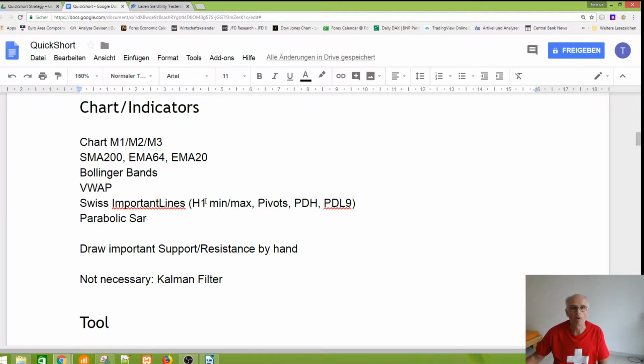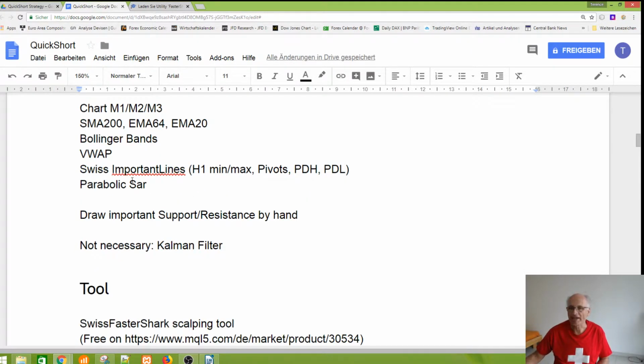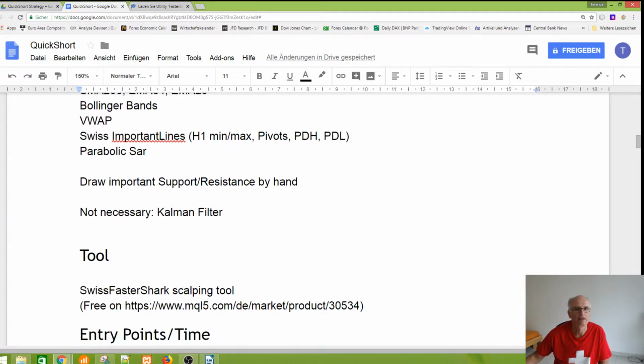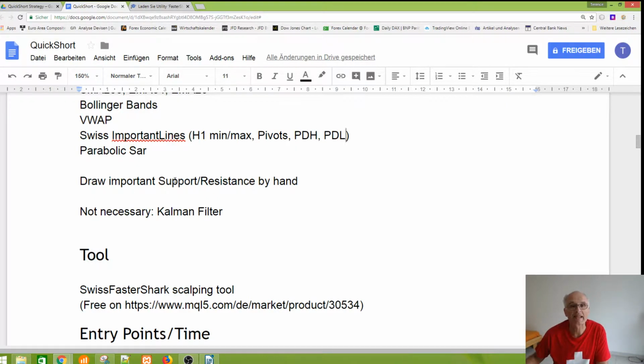You have the hourly min-max, the pivots, the pre-day high and pre-day low. And the parabolic is good too. And you draw the important support and resistance lines by hand.